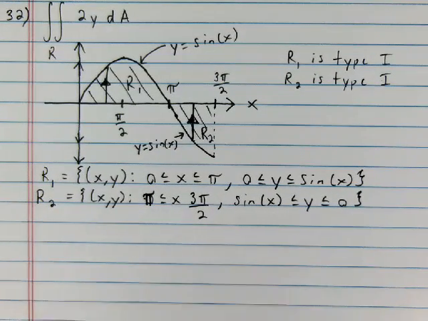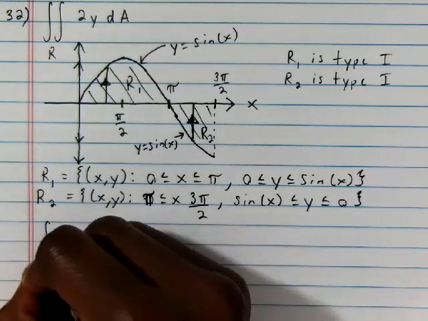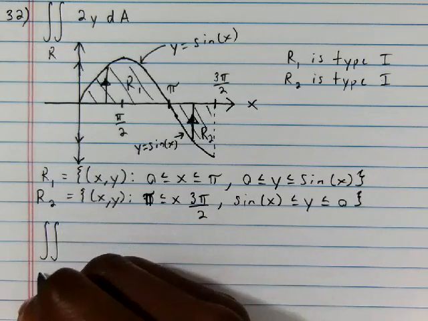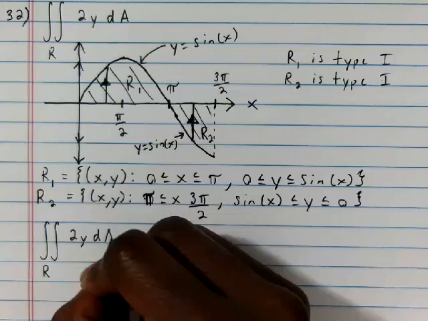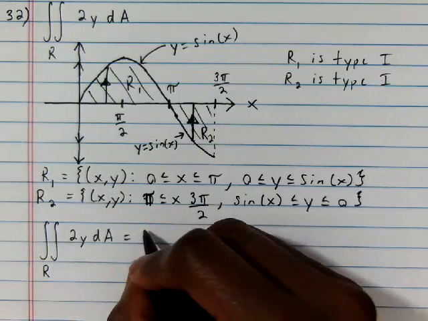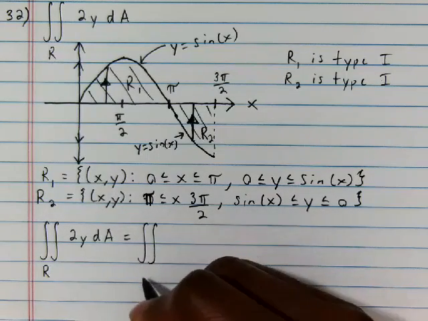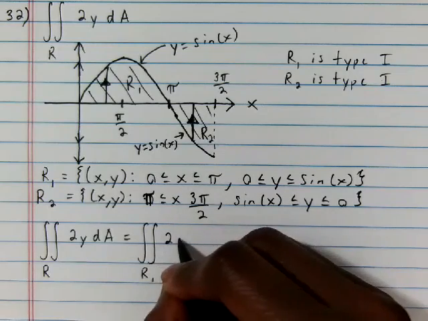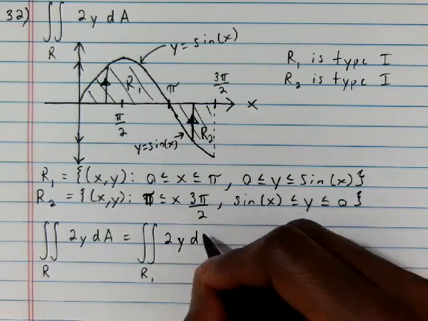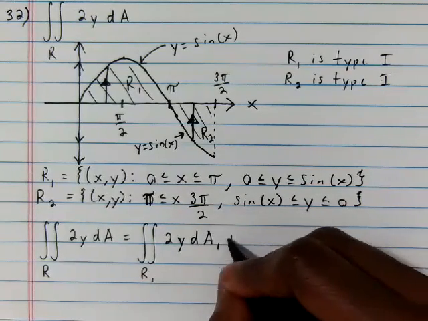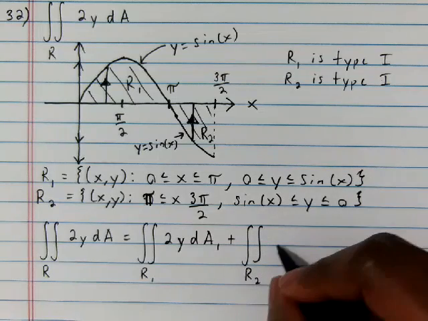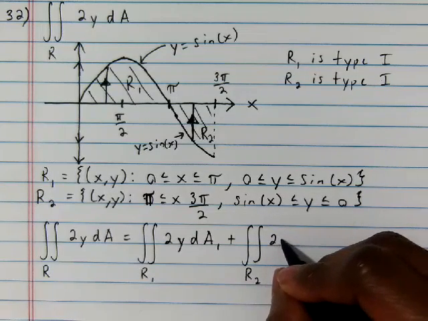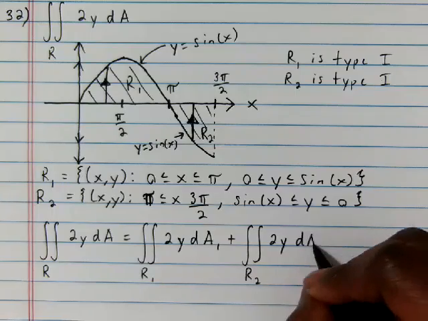So now we can set up our iterated integrals. The double integral over R of 2y with respect to A equals the double integral over R1 of 2y dA1 plus the double integral over R2 of 2y dA2.